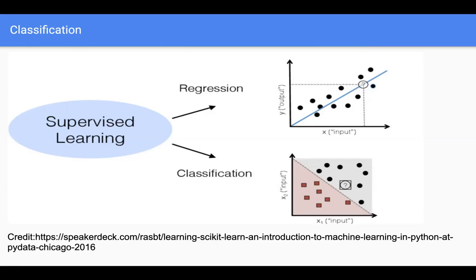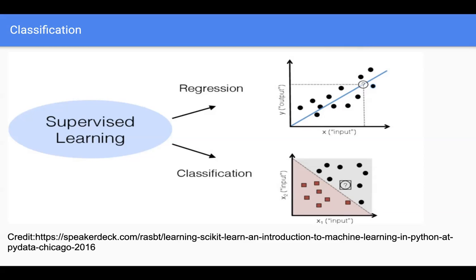In the classification technique, we have a data set, and the data set could be classified into a couple of categories, and based on that, we can predict whether this data point entry belongs to a certain class or not.